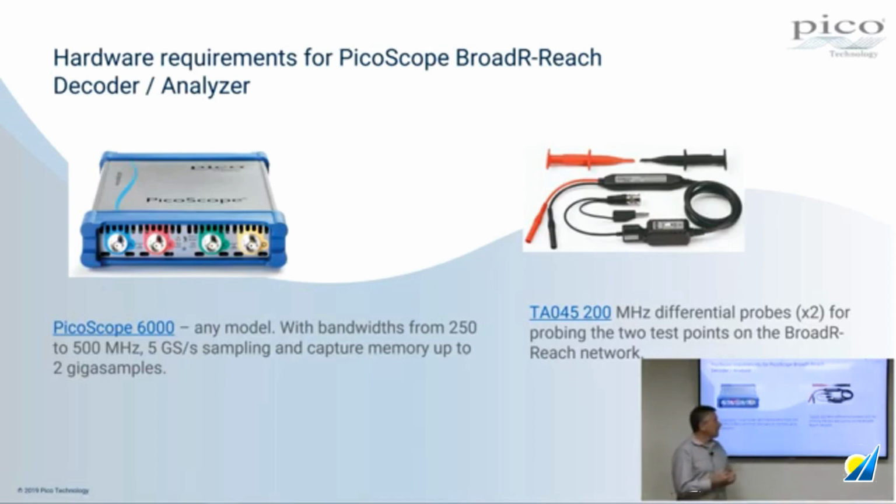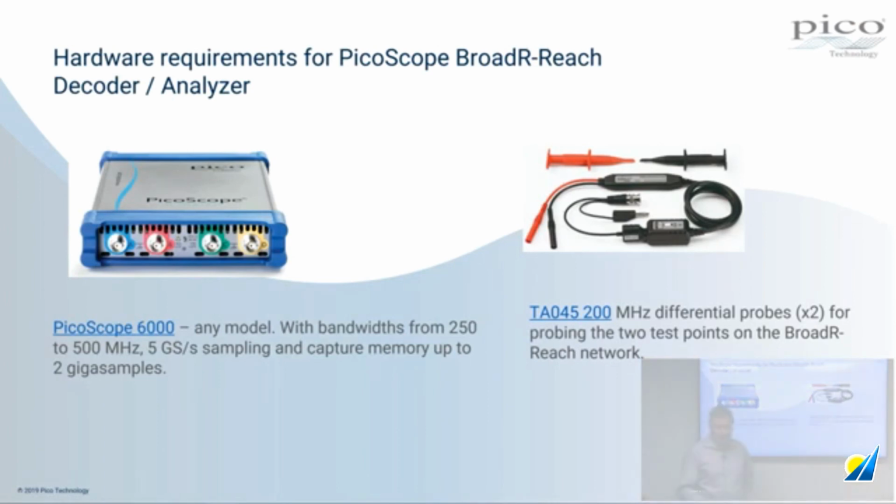So take your pick of those, and you need 2 of the TA045 differential probes, one each for measuring each end of the test points on the BroadR-Reach network that we looked at before. So if you're lucky enough to already have a PicoScope 6000 and the differential probes, then there is no additional investment required at all to start looking at your BroadR-Reach communications.